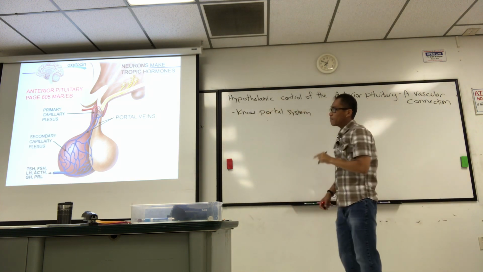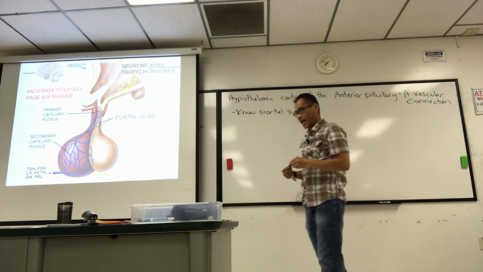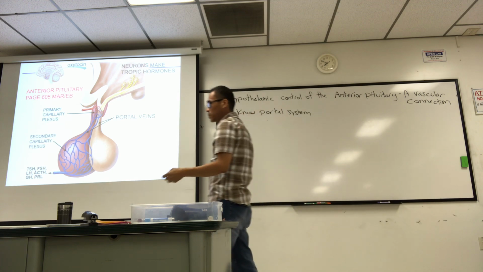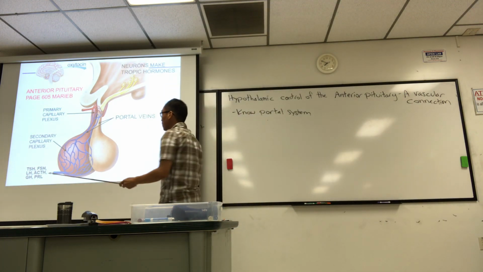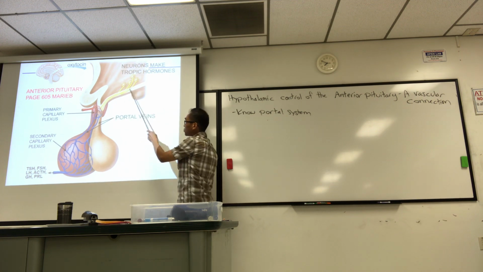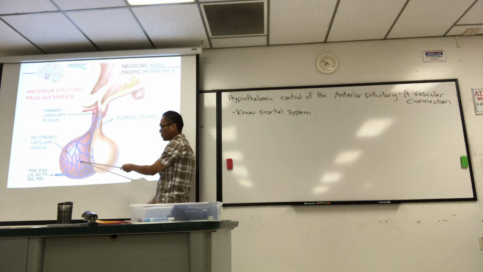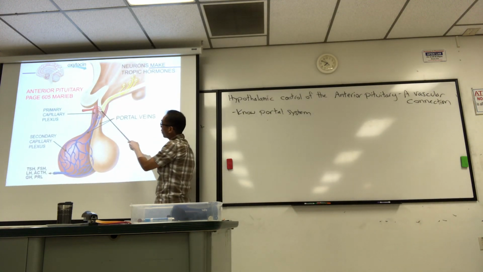We still have neurons that secrete hormones. However, because the anterior pituitary is derived from epithelial tissue, it's a different tissue type. So in development, the neurons that control it can't extend all the way down into it like they did before because it's a different tissue type. So they have to stop short.